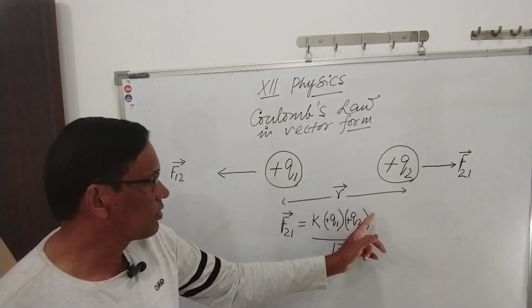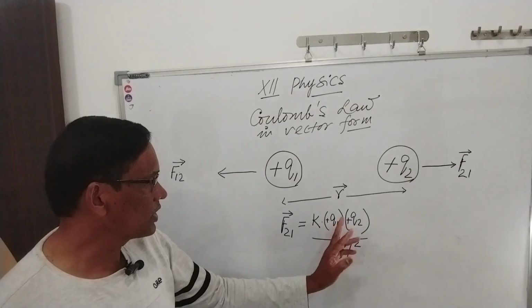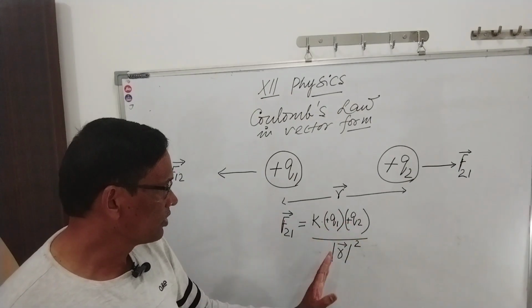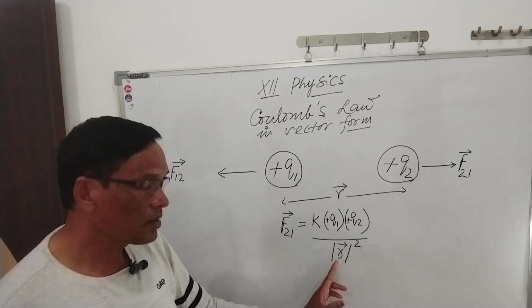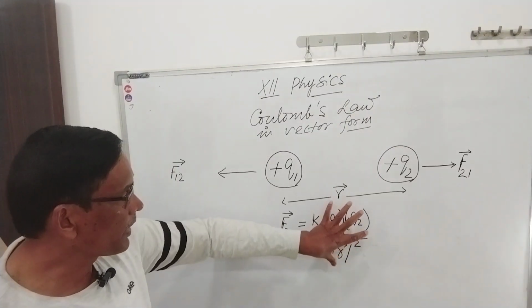This will be the magnitude of the force: k positive q1 into positive q2 upon r magnitude square. This is the magnitude.